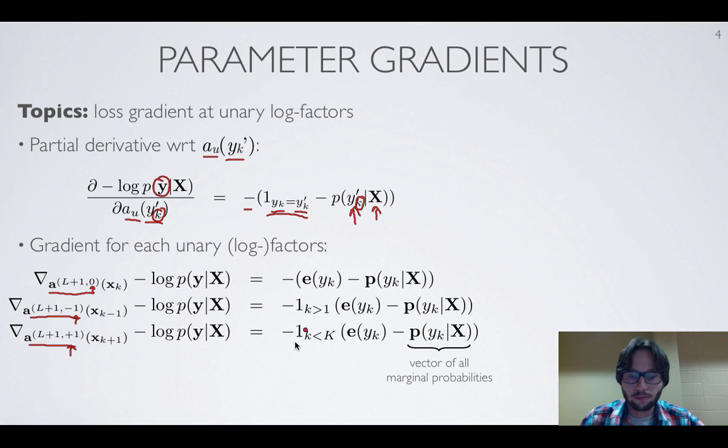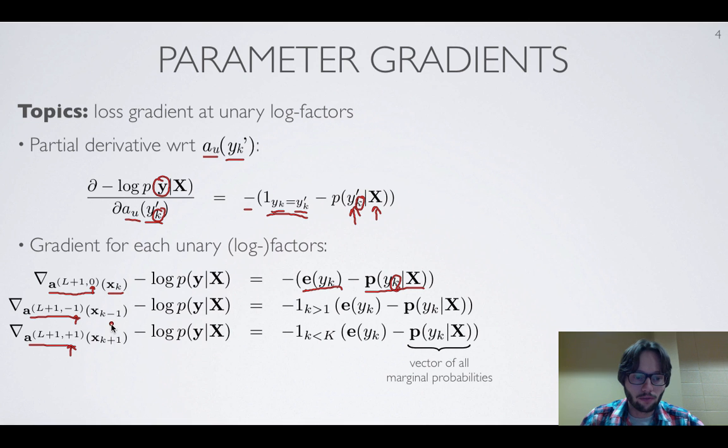That would give us the following gradients. It would be minus the one hot vector with a 1 at the real value of the label at position k, minus the vector of marginal probabilities for what the label might be according to the current conditional random field for position k. So that's for the neural network that looks at the input at the current position k.